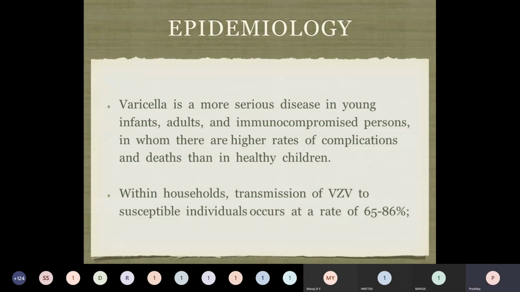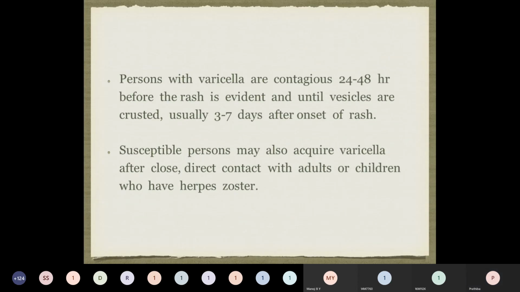Varicella is a very serious disease in young infants, adults, and also immunocompromised persons, in whom there are higher rates of complications and deaths than in healthy children. Within households, transmission of varicella zoster to susceptible individuals can occur at a rate of 65 to 86%. So you should be careful.